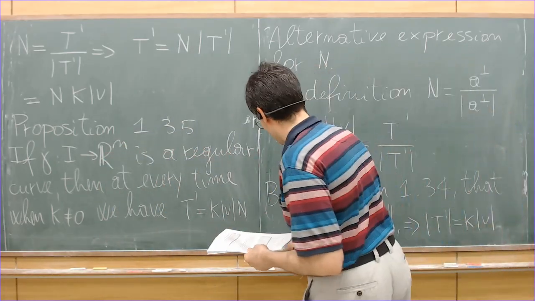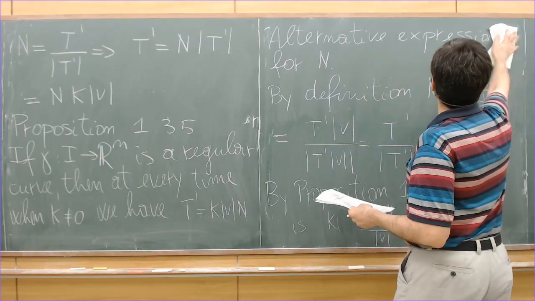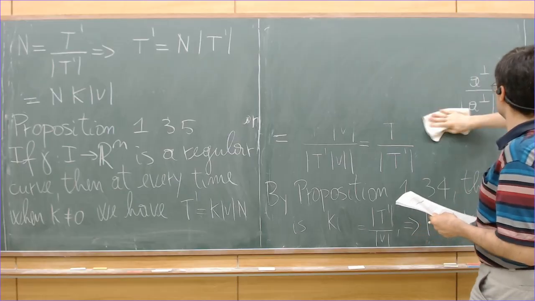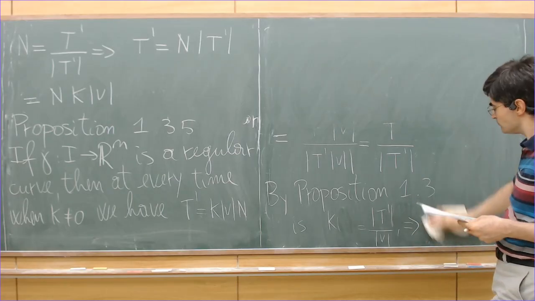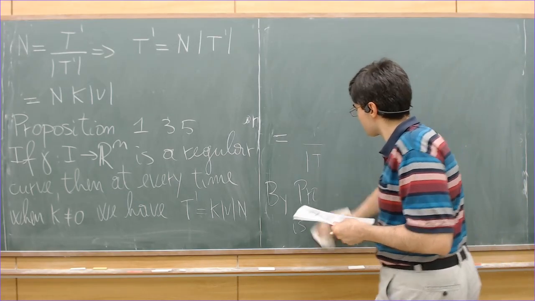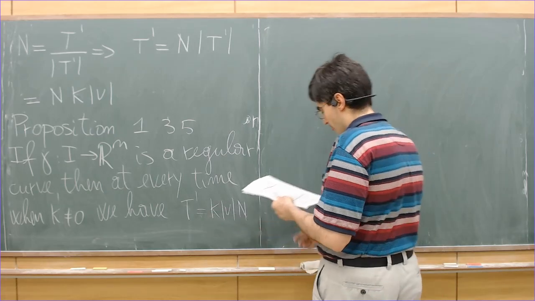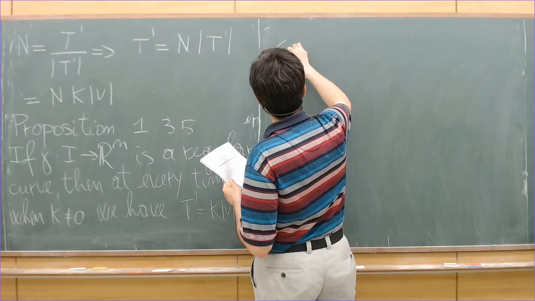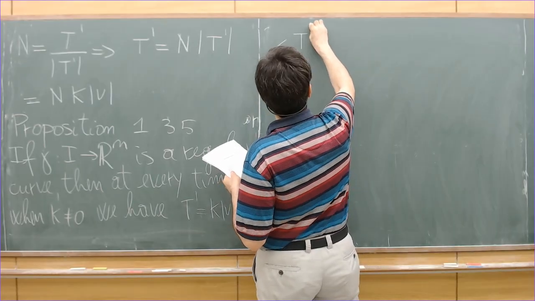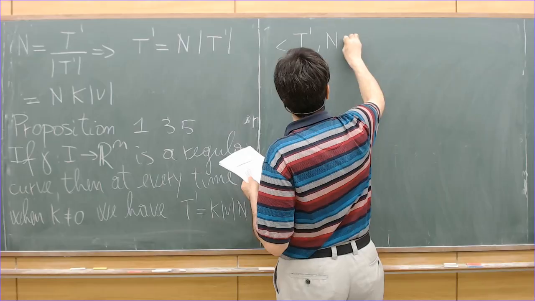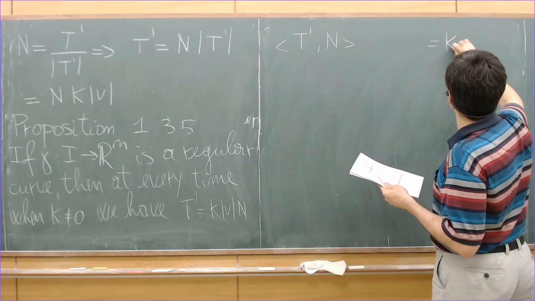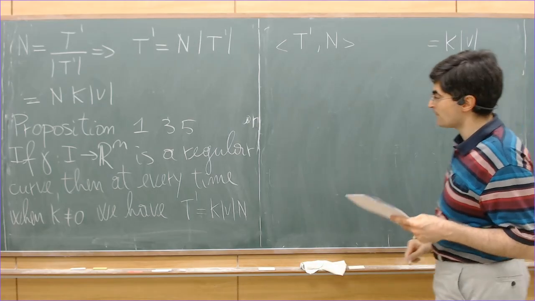A consequence of this formula is this equality: t prime multiplied by n is equal to k length of v.